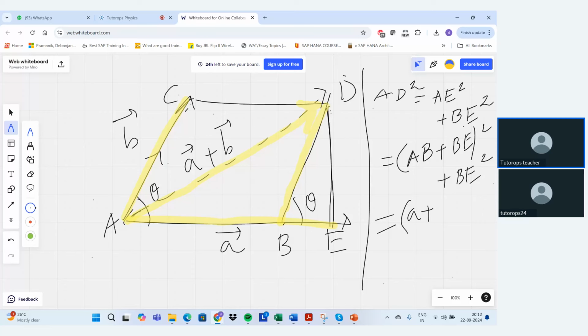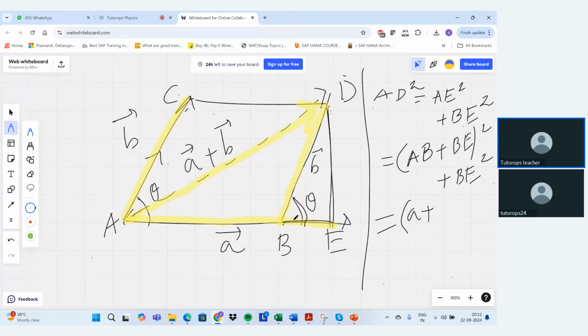What is BE? If you see, this is my theta. This was also my theta. So right now BE, we can write it as, because if this is the B, this is also my B, correct? Because these are parallel to each other. Those are the same thing. So what is BE then? It will be B cos theta, right?